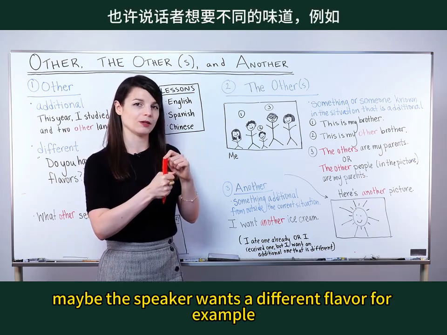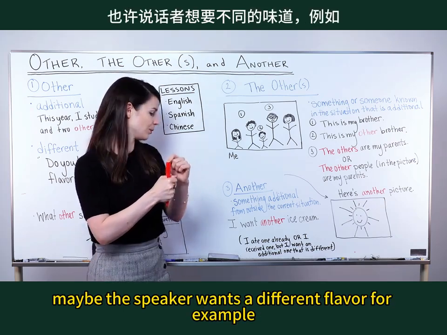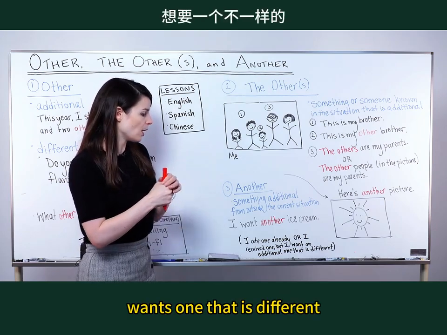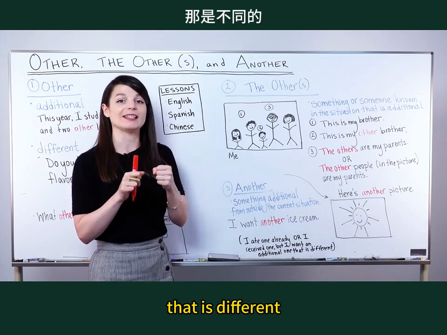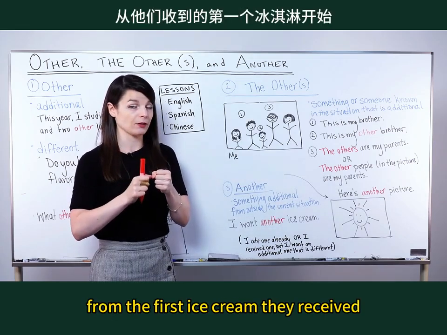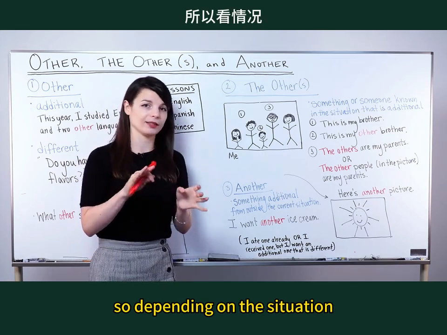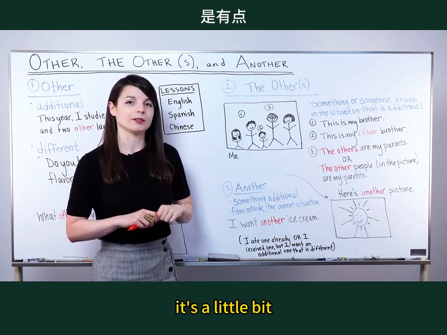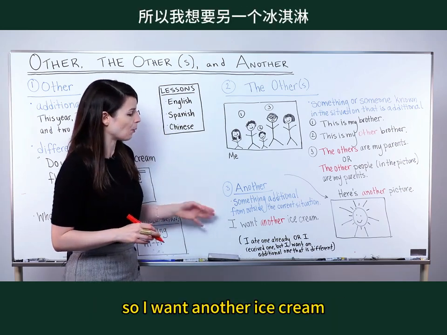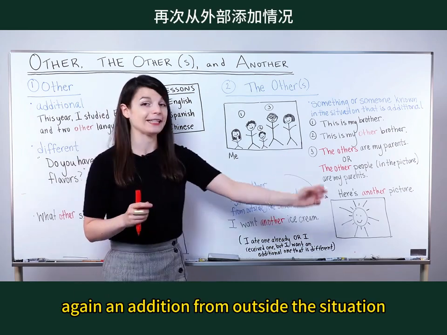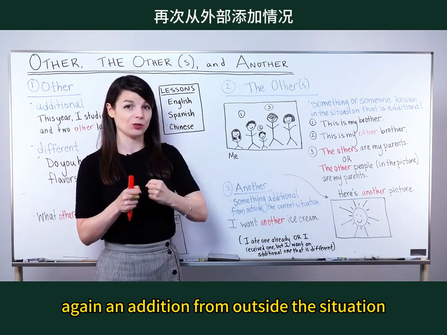Maybe the speaker wants a different flavor, for example. So the speaker wants an additional ice cream that is different from the first ice cream they received. So depending on the situation, it's kind of up to the situation, really. So I want another ice cream. Again, an addition from outside the situation.